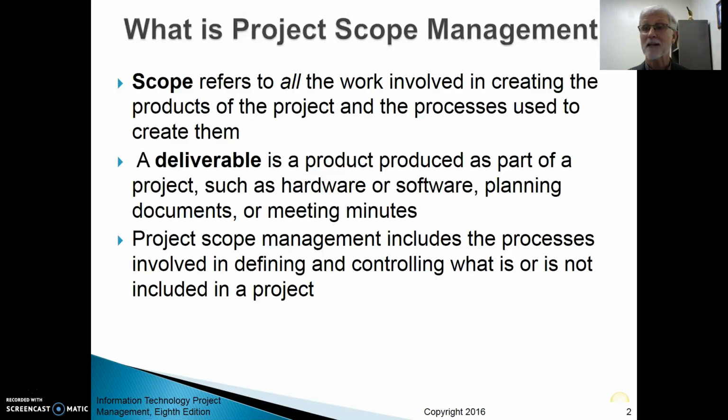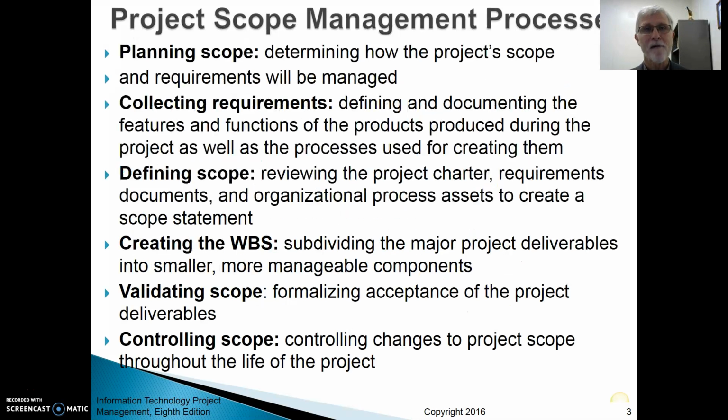Now, project scope management includes the processes of defining and controlling what is and what isn't in the project. Now, a whole bunch of terms here, but basically there are definitely 7 different processes in place. One is planning the scope.